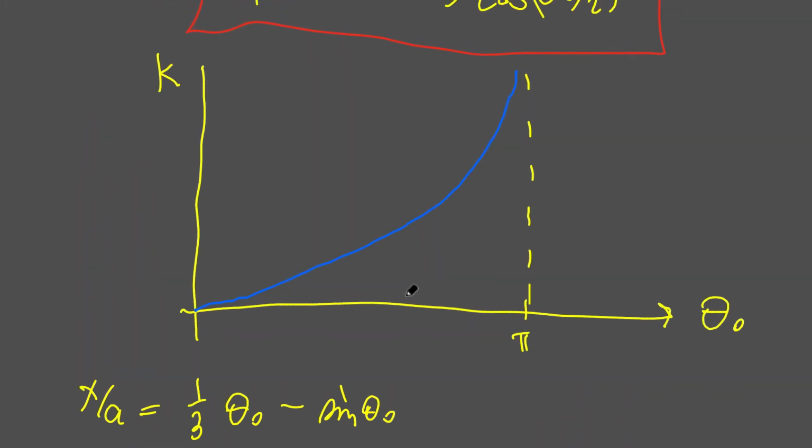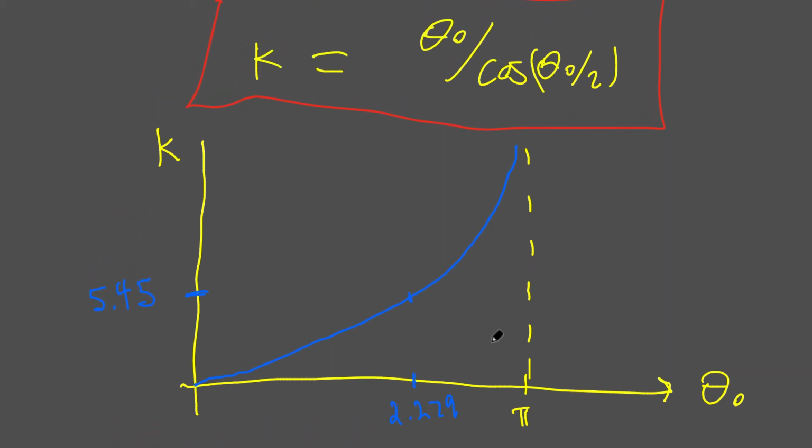And the value 2.279 here corresponds to a value of k of about 5.45. We find that by just setting theta naught equal to 2.279 in this equation. We find k is 5.45.